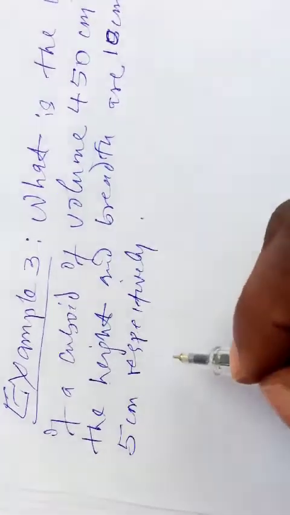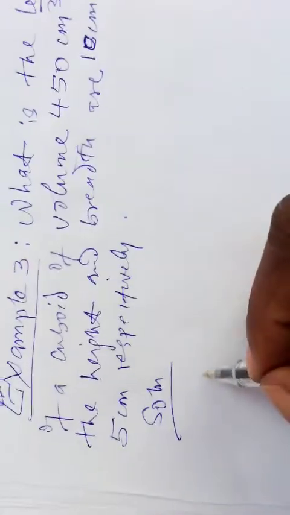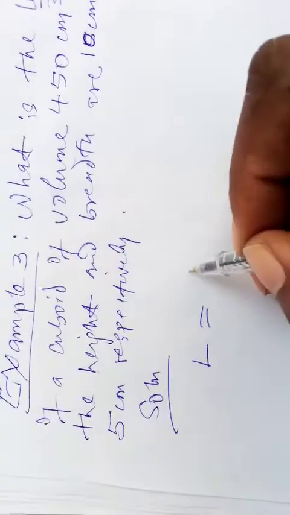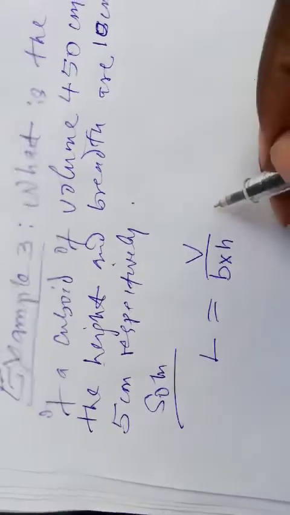Okay, it's the same thing we're going to do. Solution. We look at what was asked to find. What is the length? So you are asked to find the length. Length will be volume over the other remaining parts, breadth and height.